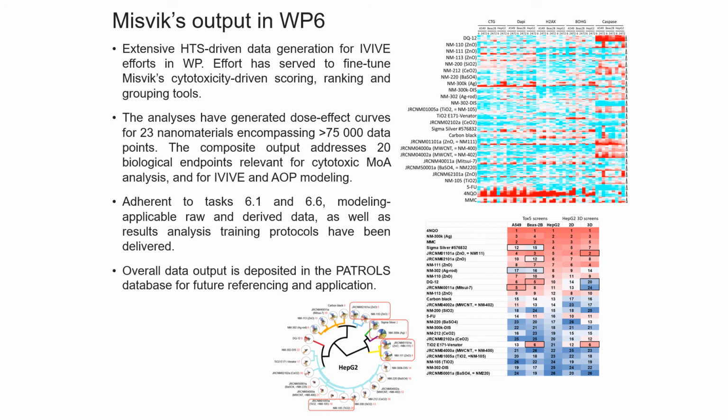The composite output addresses 20 biological endpoints relevant for cytotoxicity MOA analysis and for in vitro, in vivo, and AOP modeling. Helping task 6.1 and 6.6 with the modeling of raw and derived data, as well as result analysis for training protocol, has been delivered by MISVIC for the use of the other modeling efforts as reported earlier.